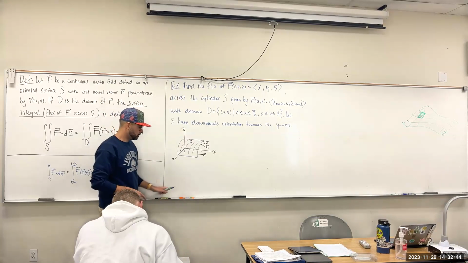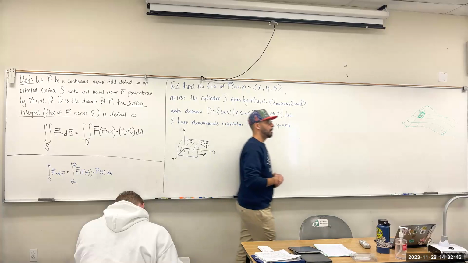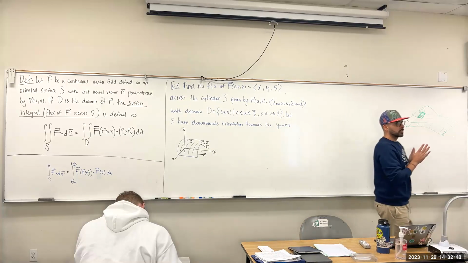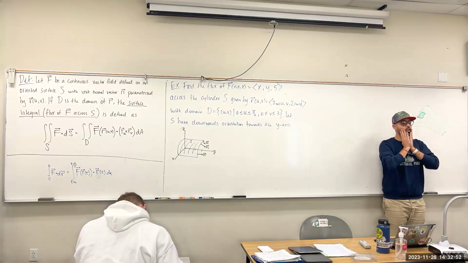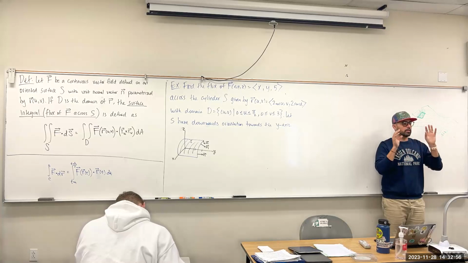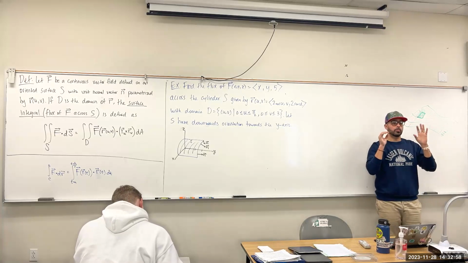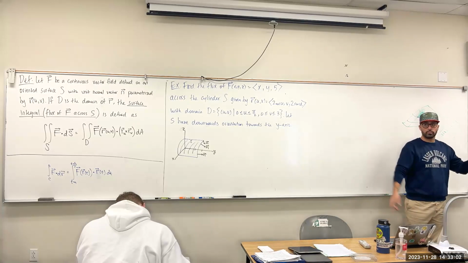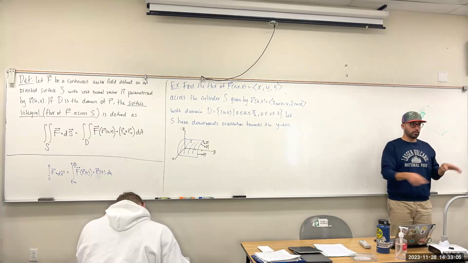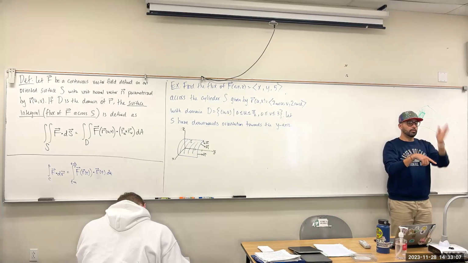Okay. Remember on the problem set, I had you guys do a problem last week where you basically had to conclude if the line integral would be a positive answer or a negative answer based on the orientation of the vector field and the curve.